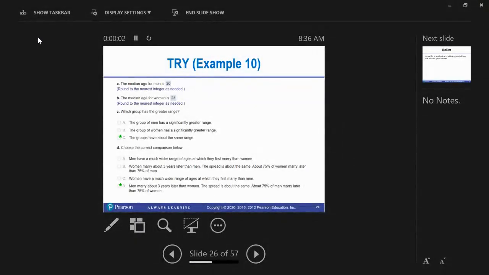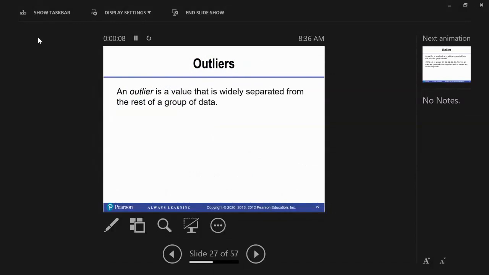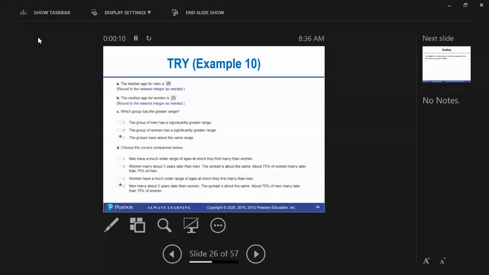Okay, any questions about that one? All right. Oh, sorry, what'd you say, Caitlin? D doesn't? Okay, so first of all, men marry about 3 years later than women. That part probably makes sense because of what you had up here, right?